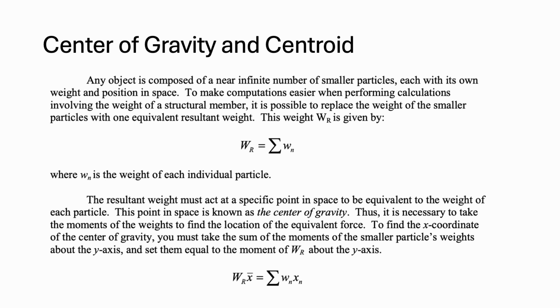It is necessary to take the moments of the weights to find the location of the equivalent force. To find the x-coordinate of the center of gravity, you must take the sum of the moments of the smaller particles' weights about the y-axis and set them equal to the moment of WR about the y-axis.